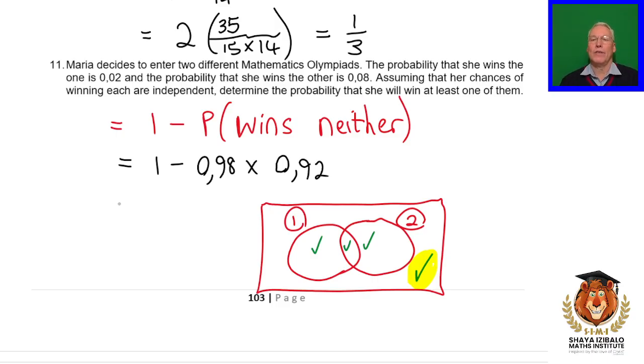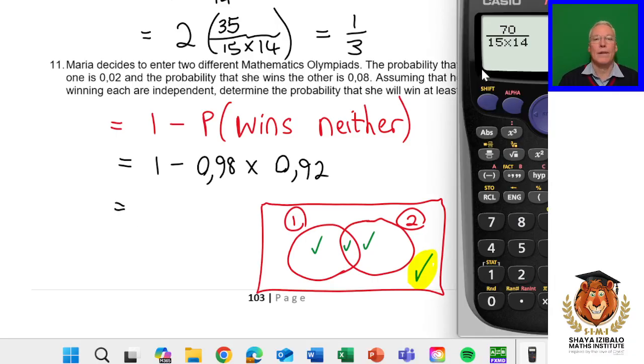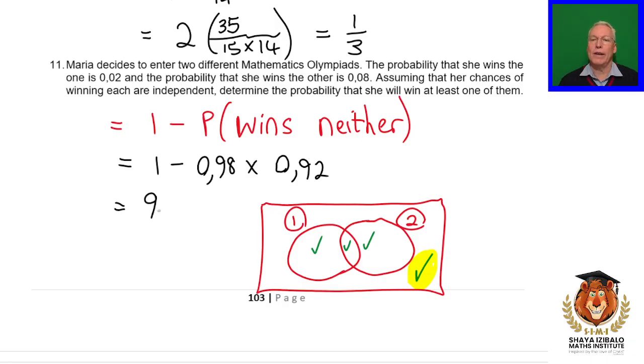All right, so let's have a look what that comes to. 1 minus 0.98 times 0.92, and we get 9.84%. So there's a 9.84% chance that she wins at least one of them.